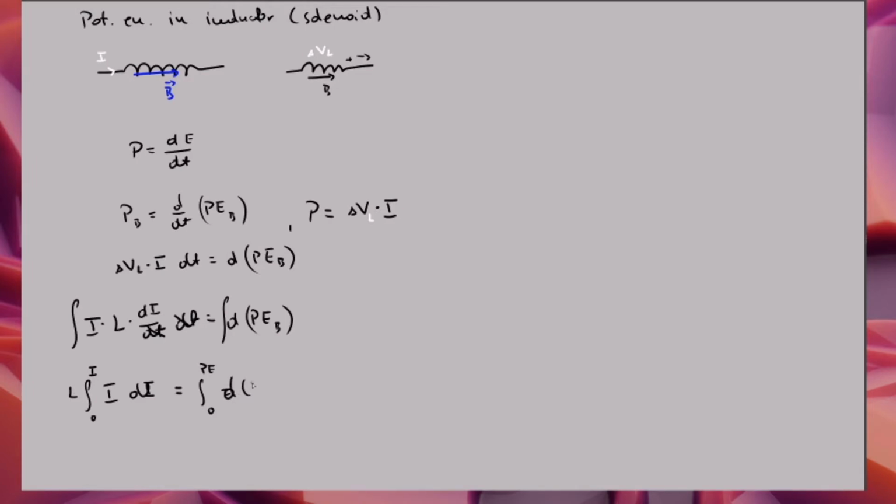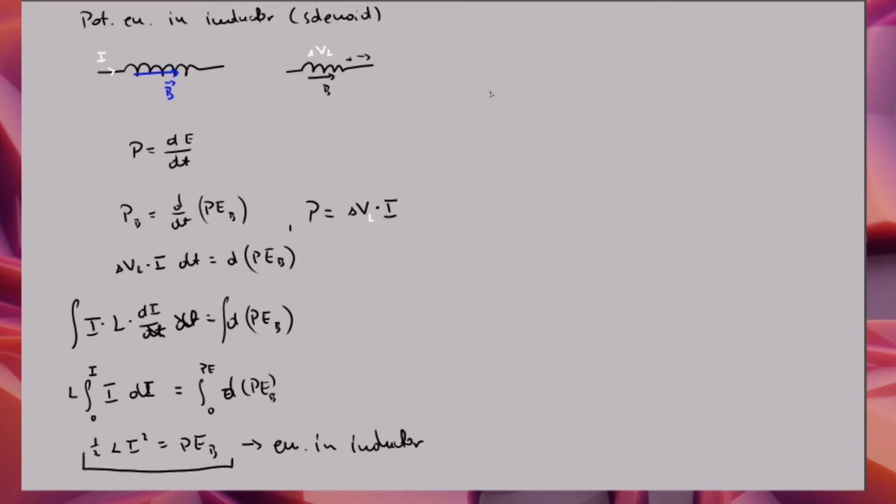This is d of the potential energy stored in the magnetic field. Let's take another step. So what I get is a half L I squared equals the potential energy stored in the B field of the solenoid. So this is the equation for energy in the inductor.